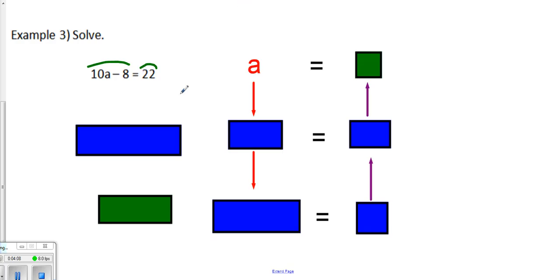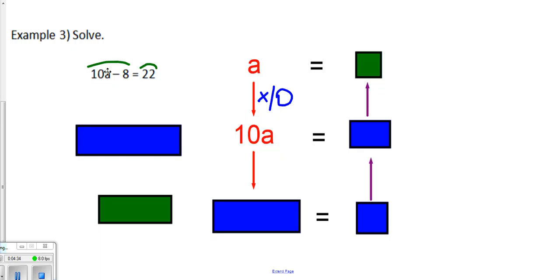Now to solve this, we're going to have to work backwards in a sense. So I'm going to show you on this side what is actually happening here. Since we want a alone, we're trying to get this value a all by itself, we need to think what is happening to a in this expression. Well, the first thing is it's being multiplied by 10. When you do a times 10, that becomes 10a.